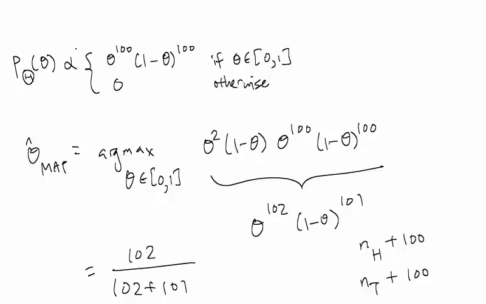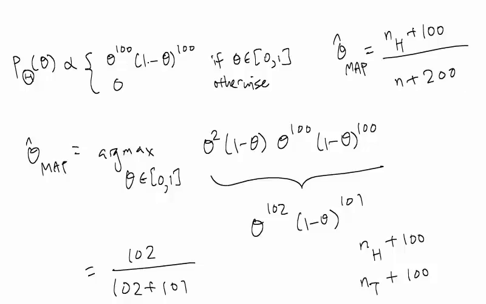And so for this particular case, in general, we would have theta hat MAP being equal to the number of heads plus 100 divided by the sum of these two things, where NH plus NT is of course n, so we're going to have n plus 200.